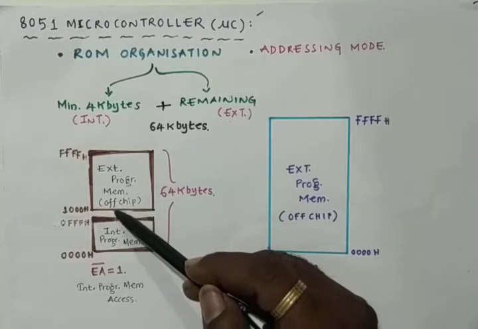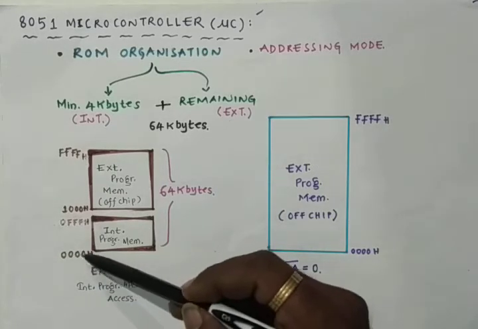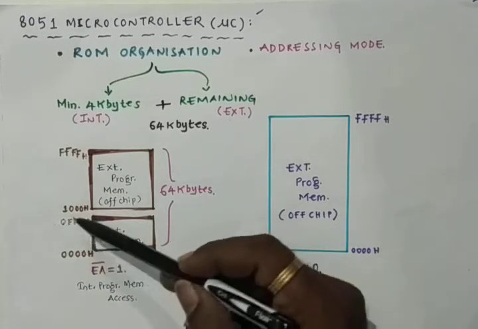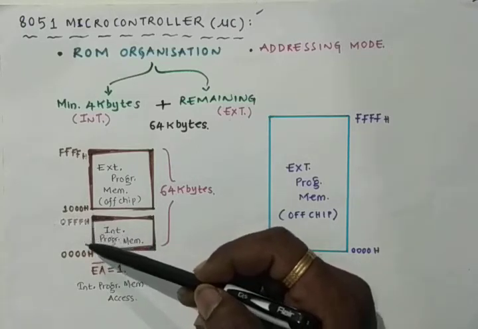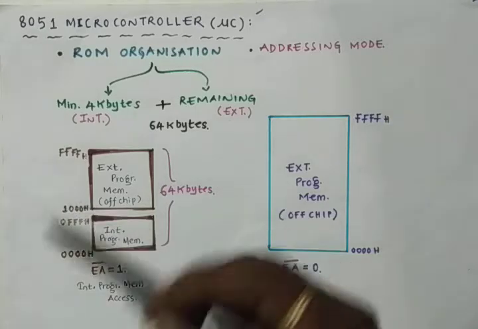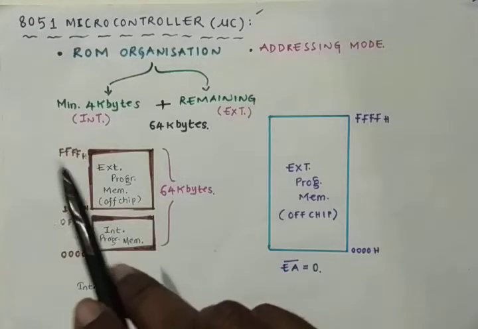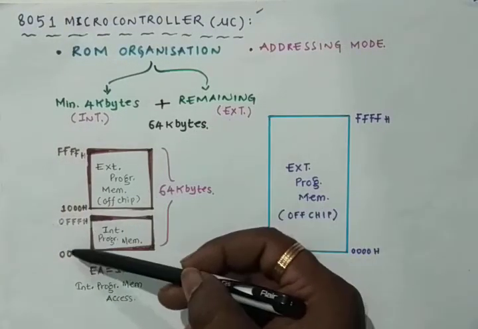So the address range is from 0000H to 0FFFH. On reset, for the 8051 we have a reset pin. If the reset is 1, then the program counter is set to address 0000.